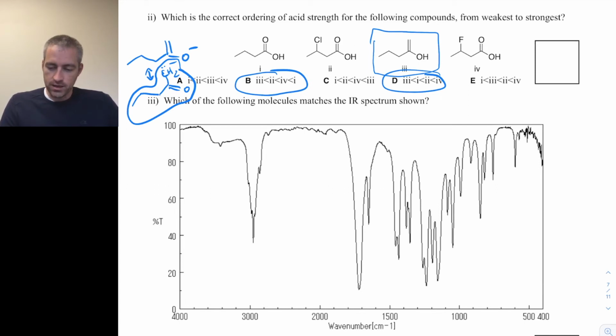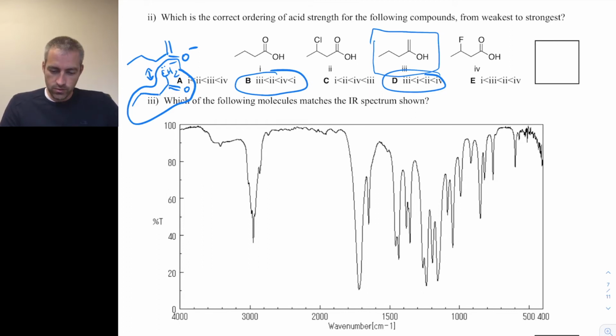The strongest is going to be, because 1, 2, and 4 are all very similar in structure, except they have different numbers or different types of electronegative atoms. 1 doesn't have any, 2 has a chlorine, and 4 has a fluorine. 4 is going to be the strongest of this trio because fluorine is best at stabilizing the conjugate base, which makes this acid a stronger acid, because fluorine is the most electronegative compared to chlorine, or in the case of 1, hydrogen.